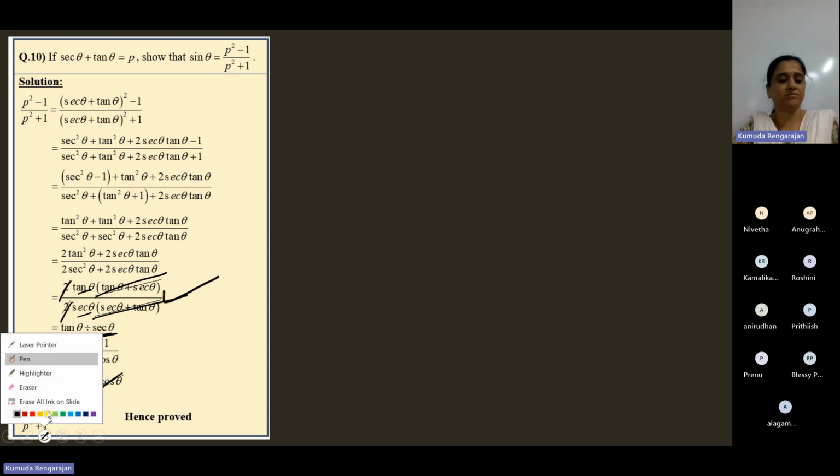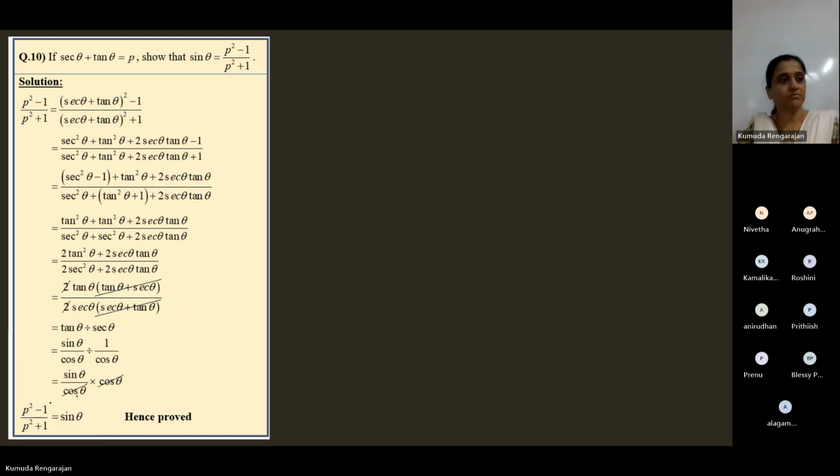Tan is nothing but sine by cos divided by secant, which is nothing but 1 by cos. Then the division becomes multiplication. So 1 by cos will become cos by 1, or cos. Then cos and cos get cancelled. So p square minus 1 by p square plus 1 is equal to sine theta. Right?